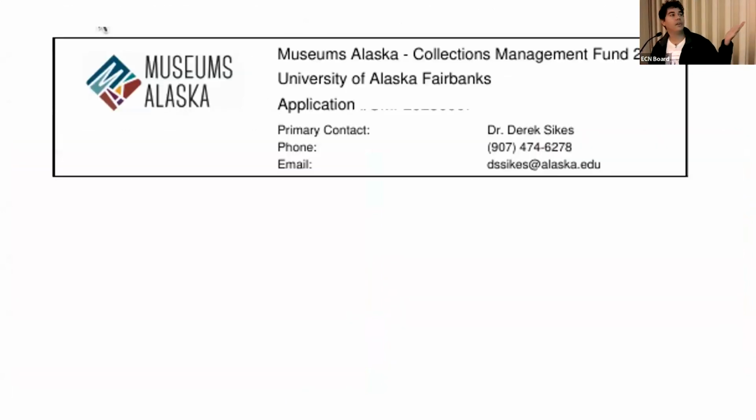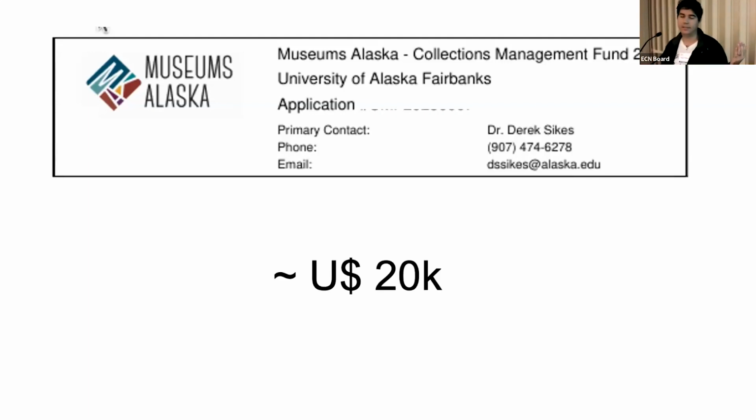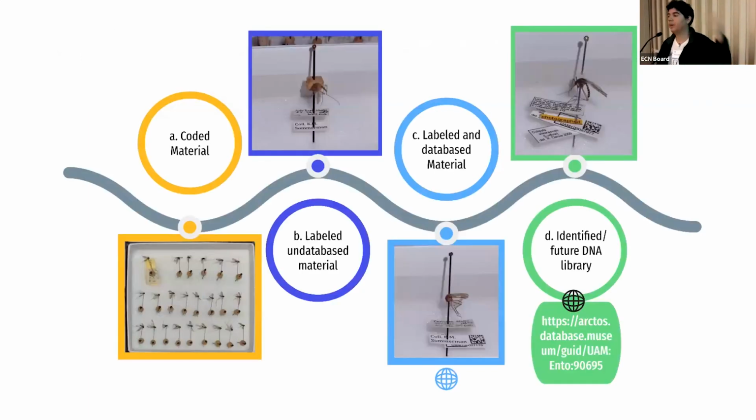We applied for the Museum of Alaska Collection Management Fund, and we got $20,000 to digitize our undigitized material. The process is first the coded material, and then the labeled material not yet in the database, to add to our Arctos database.